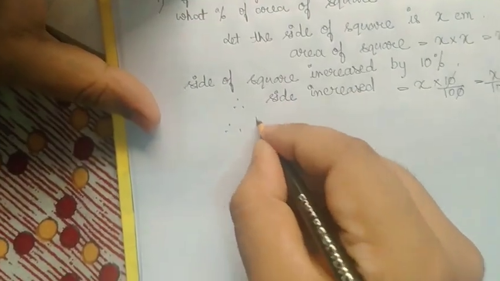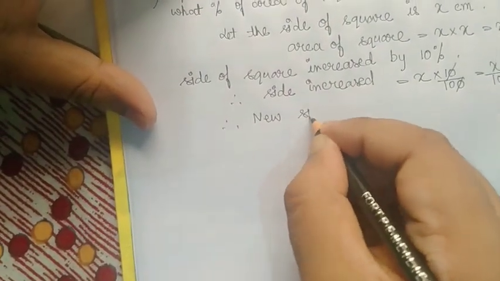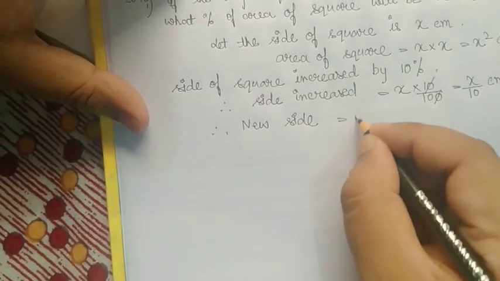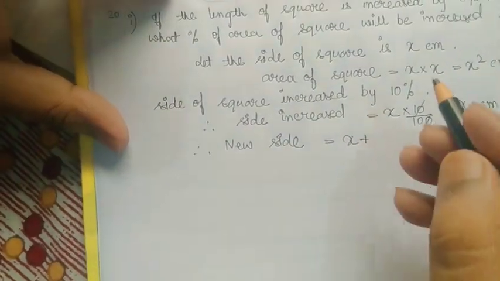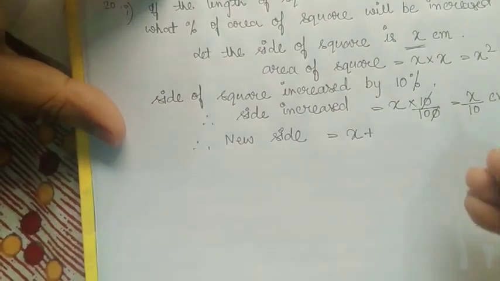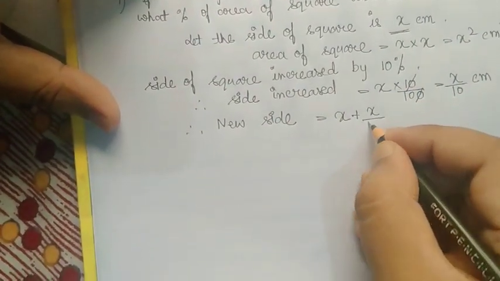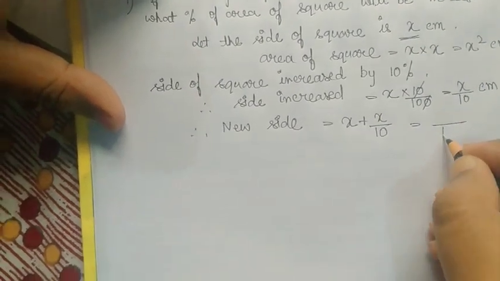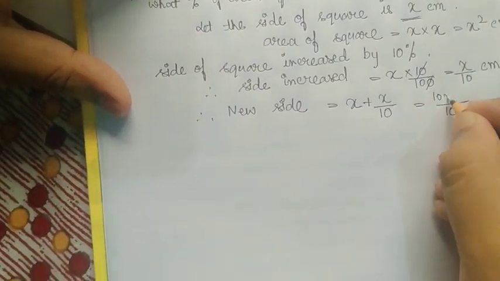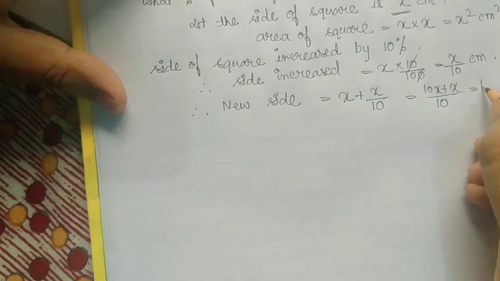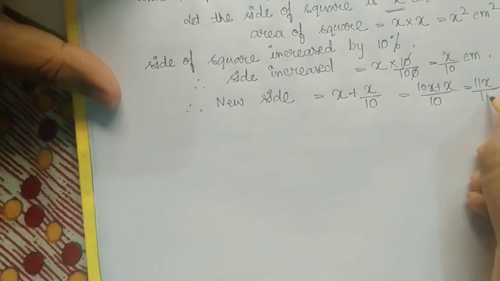So therefore the new side will be x, the previous initial side is x and the side increase is x by 10, so the new side will be x plus x by 10. The LCM is 10, so 10x plus x equal to 11x by 10 centimeter.